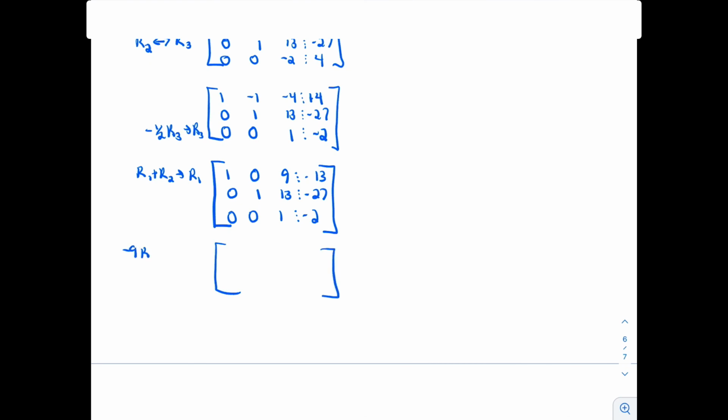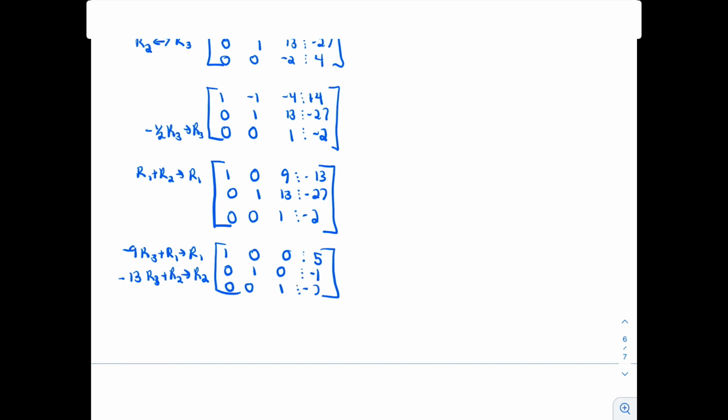So I can do that by taking -9 times my row 3 and adding that to my row 1. And for my row 2, I can take -13 times row 3 and add that to row 2 to get my new row 2. And my row 3, I just copy down as is.